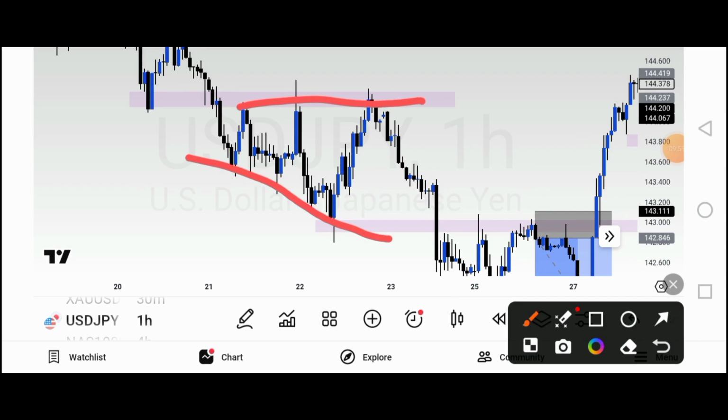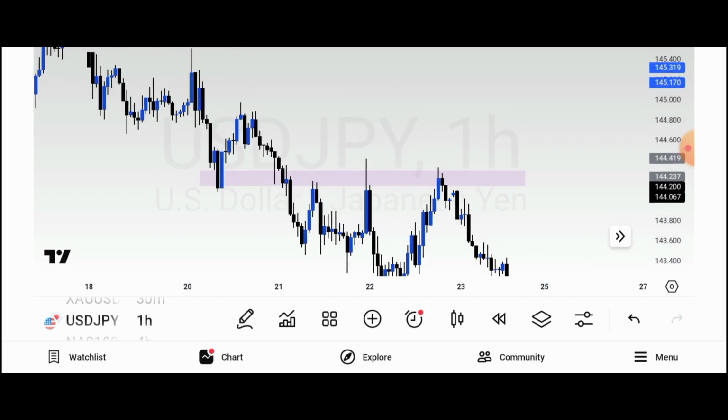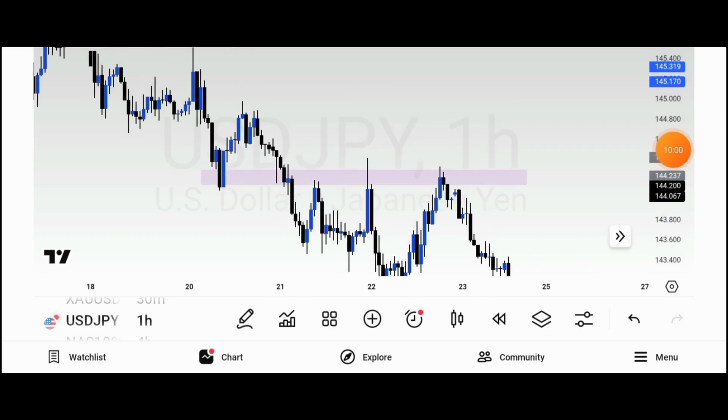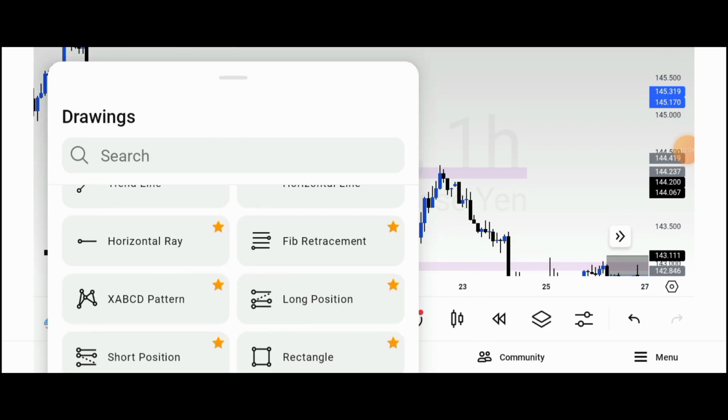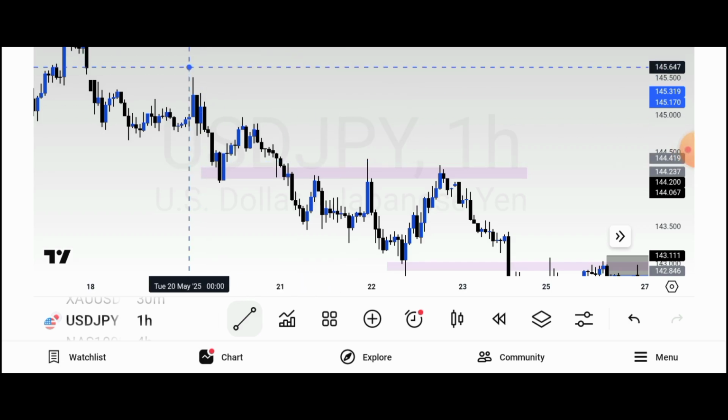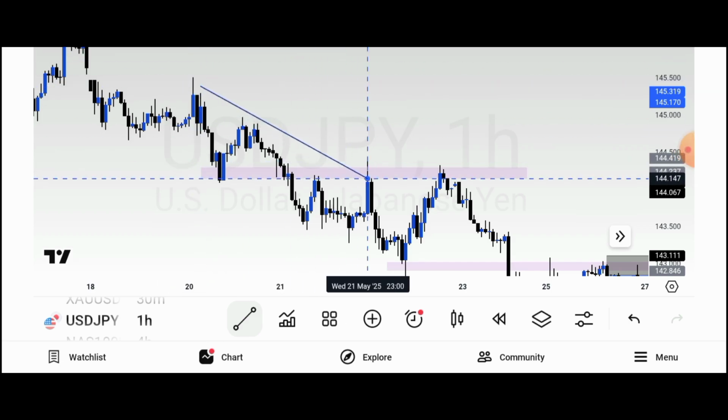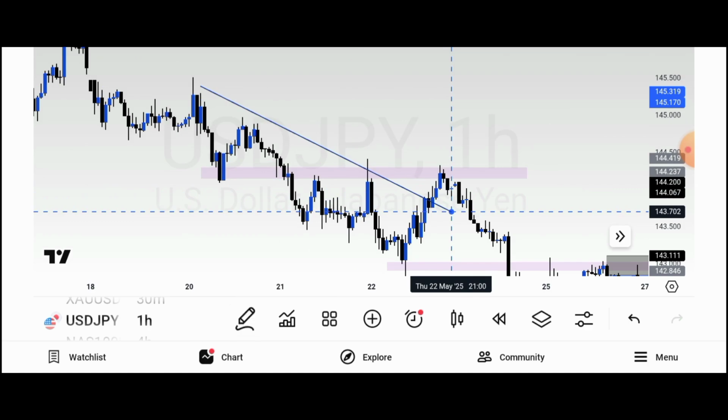That's not what I'm focusing on right now, but let's try to combine that with another element of confluence and see what we get.